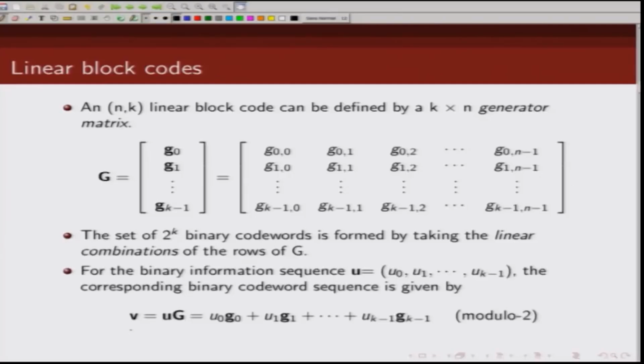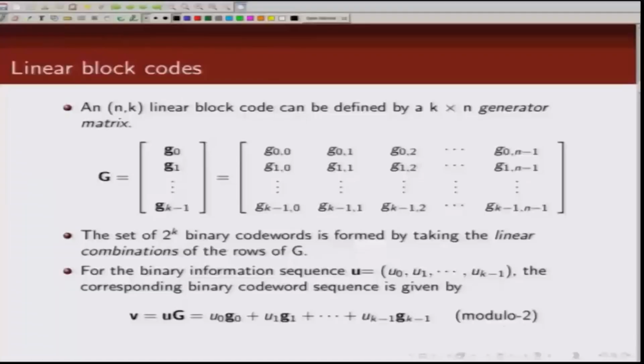We can write our coded sequence as u times G, which is basically a linear combination of rows of the generator matrix. These are k linearly independent rows and the rank of this generator matrix is k. Without loss of generality, since we are talking about binary linear block codes, we will be doing this addition modulo 2.